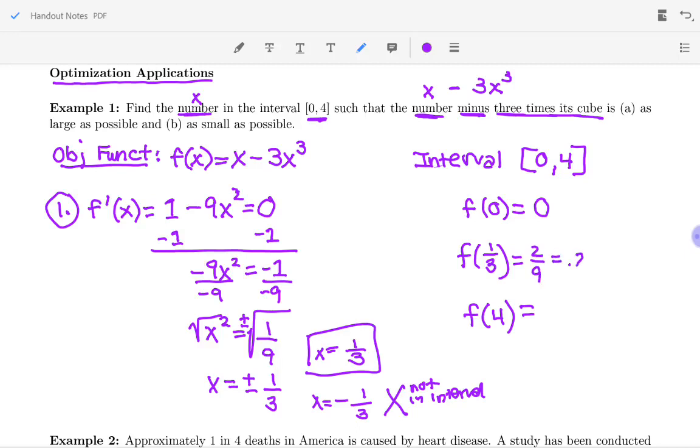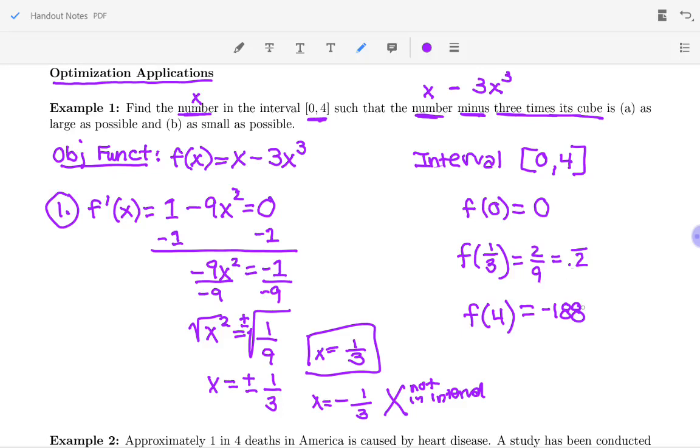I'm going to write it as a decimal too so that I can compare it a little bit easier. So 2/9 or 0.2 repeating. And then if we plug in 4 minus 3 times 4 cubed, we get negative 188. So plugging the biggest number didn't give me the biggest answer. So not really the best option is to guess on these.